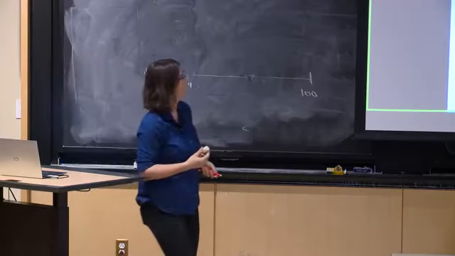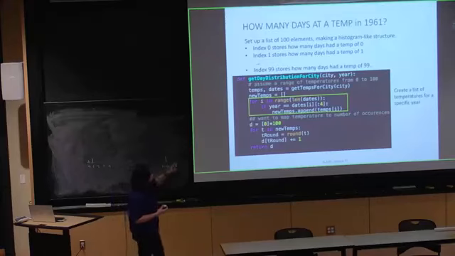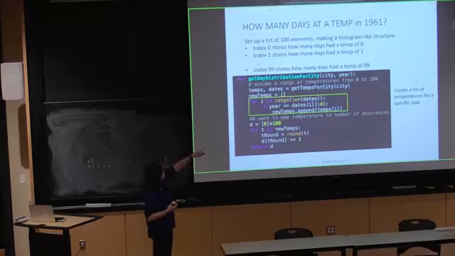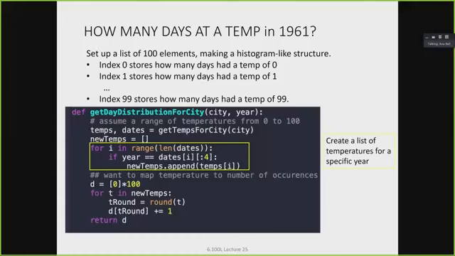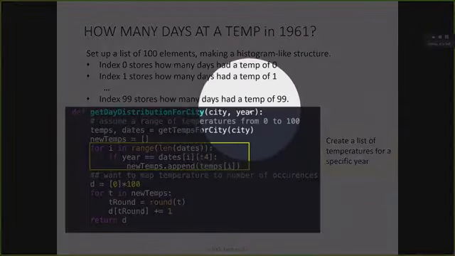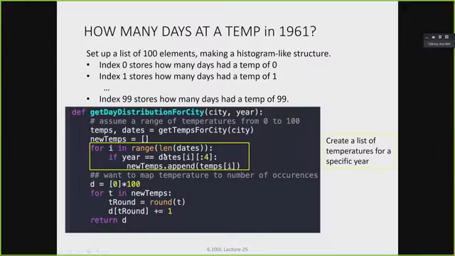So that's exactly what this code is doing. Here it's looping over every single one of the dates, and we're creating this list of the temperatures. And the list is for one specific year, so this year is my parameter here. This is just going through the data and ensuring that I'm grabbing only the rows that match that year.